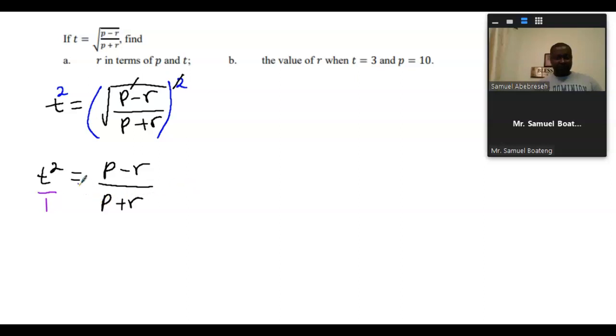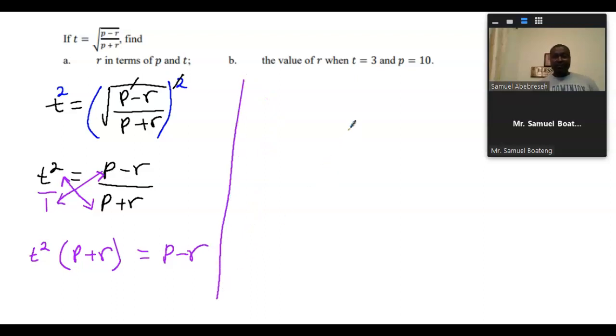So let's do cross multiplication. To cross multiply, you cross your hands like this. Left-hand side, we have T squared times bracket P plus R equal to P minus R. So let's expand the left-hand side.